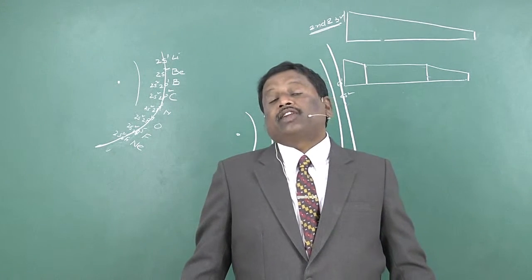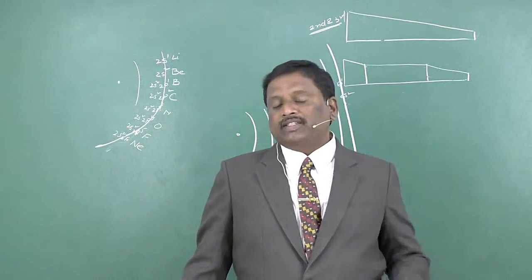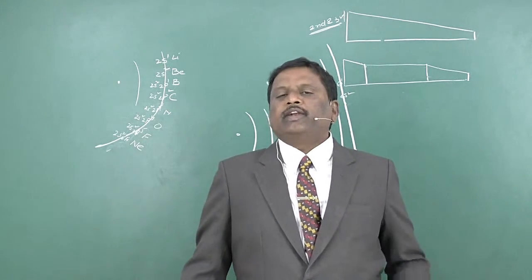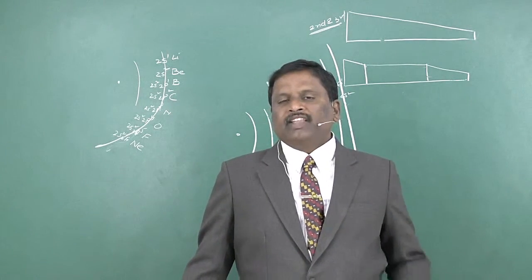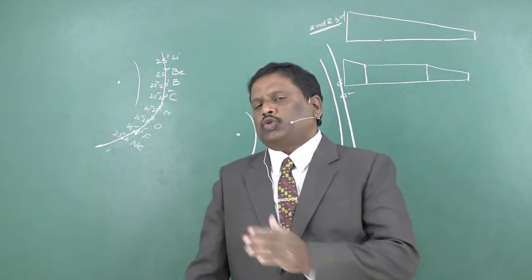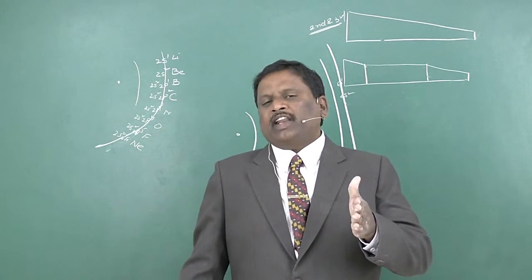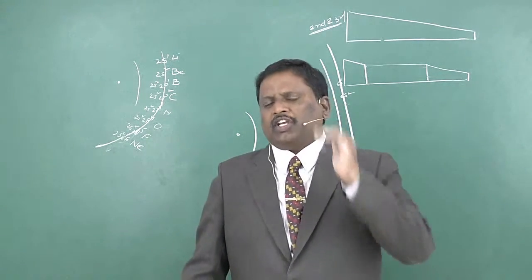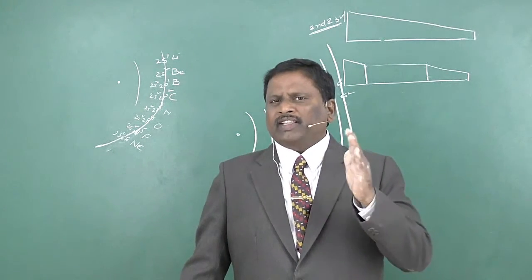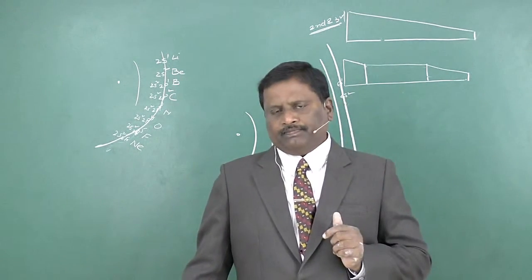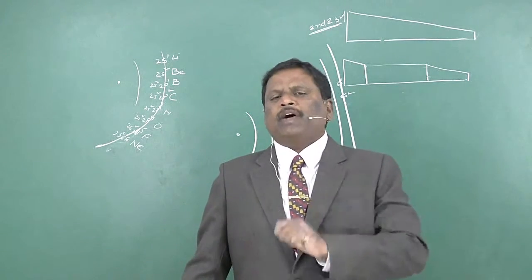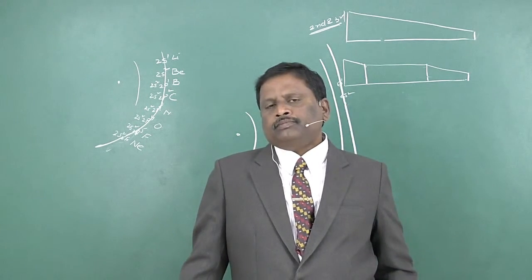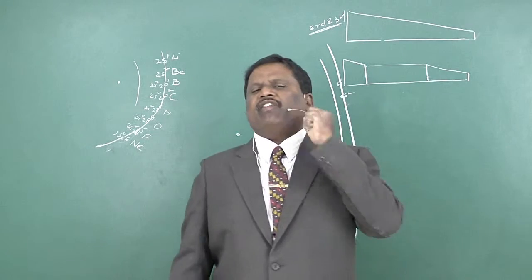What is lanthanoid contraction? In lanthanoid elements, that is from cerium to lutetium, the differentiating electron will enter the n minus 2 f orbital. In these elements, valence electrons are present in 6s2, and the differentiating electron is entering the 4f, n minus 2 f. That is, electrons are entering into the inner shells. In the traditional way, you would think these elements should show a screening effect, but because of the peculiar shape of the f orbital, the electrons entering the inner f shells will not have that shielding effect.